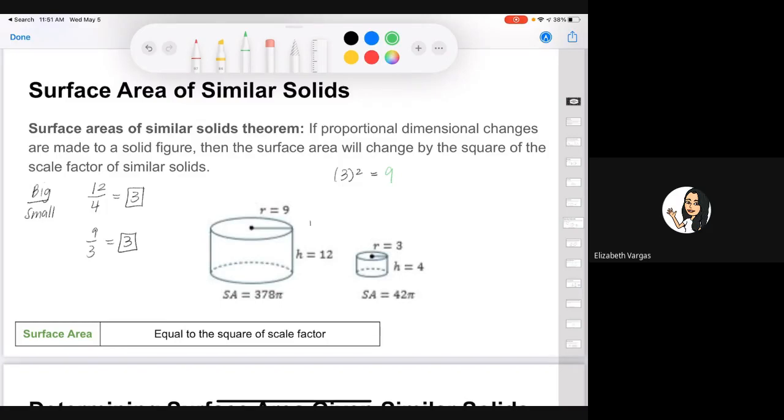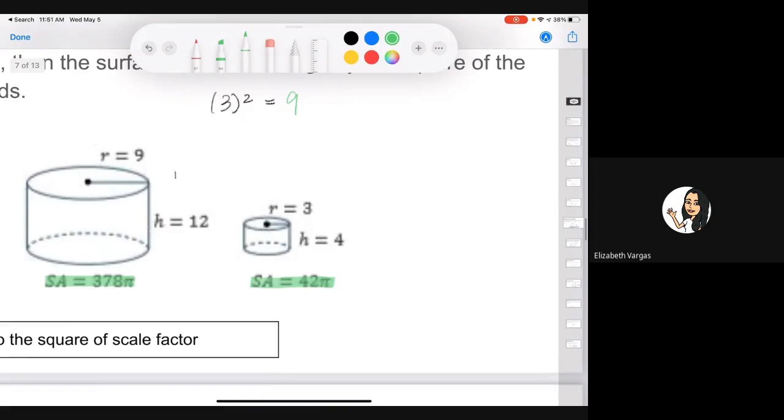And I can go ahead and check this. Here I'm given my surface area of my larger and my surface area of my smaller. And I can compare this, my bigger one and my smaller one, and I want to see if I also get 9. So these cancel out, and when I divide those two, I do in fact get 9.